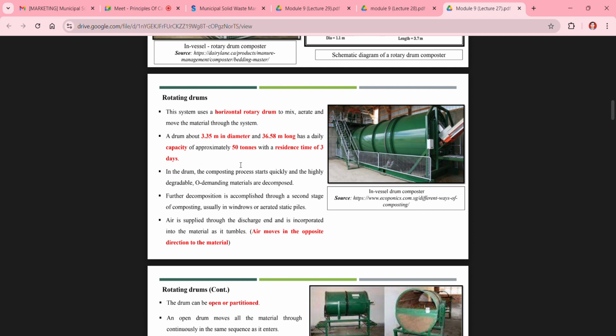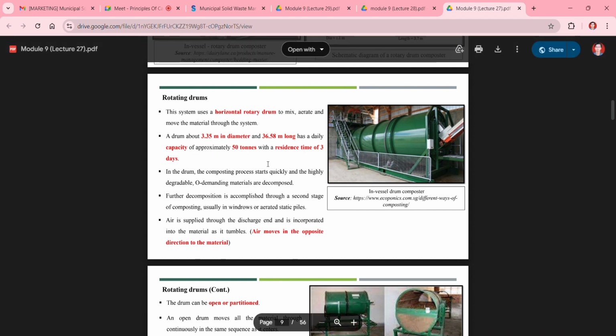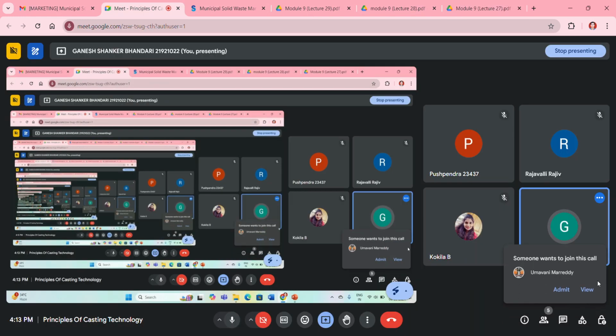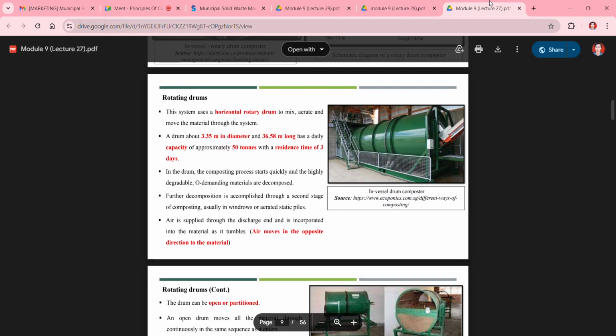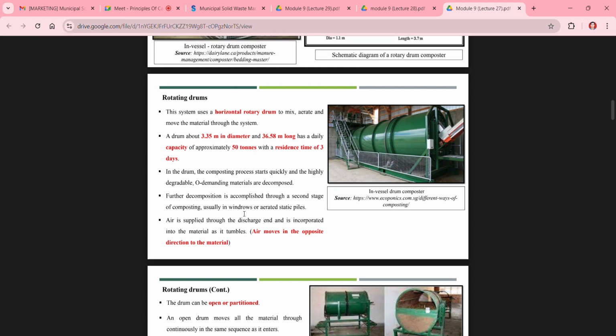After these 3 days, further decomposition of the compost material is done with the help of windrows or aerated static pile systems. So we do the partial composting in the rotary drum mechanism, and then the remaining decomposition happens in a windrow or aerated static pile type system.